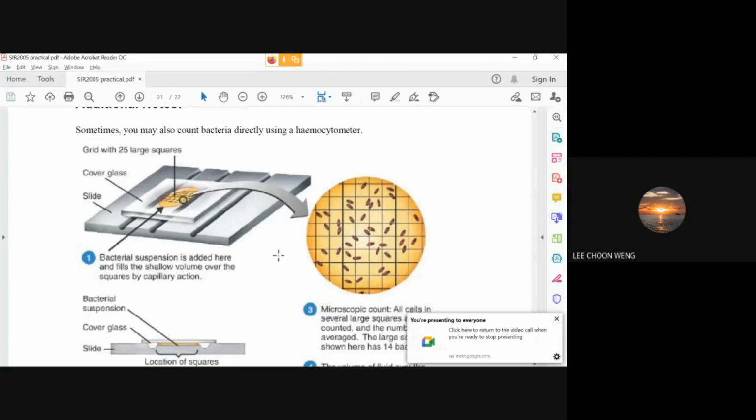Please remember this very important point, because in bacterial enumeration, the first step to differentiate is whether you are counting colonies, which means culturable counts, or direct total counts versus culturable colony forming units.